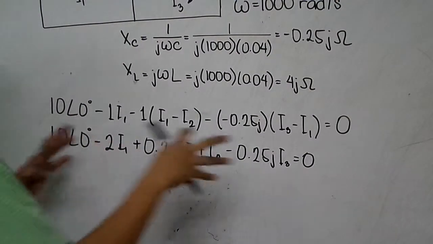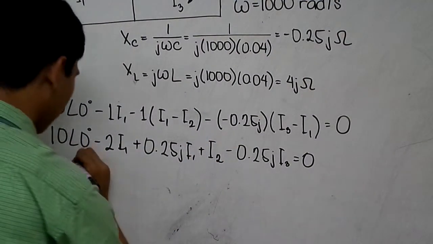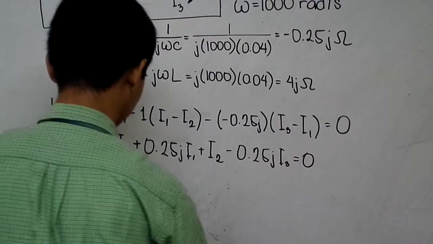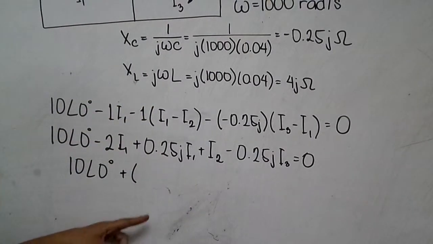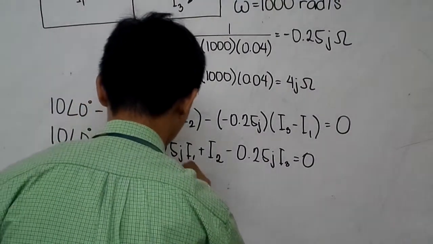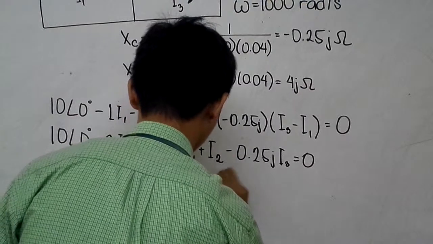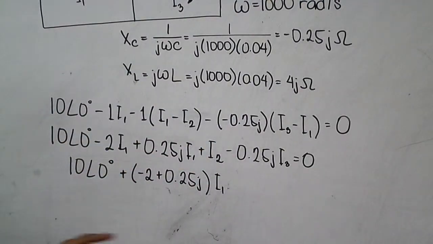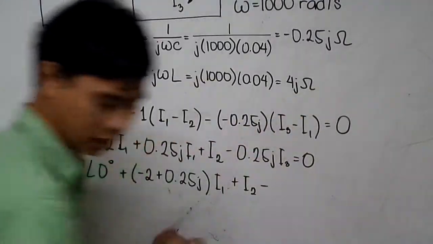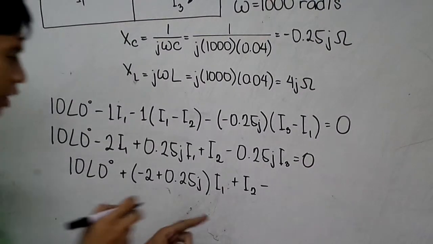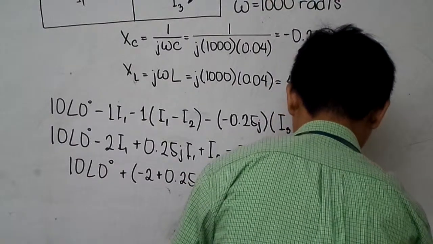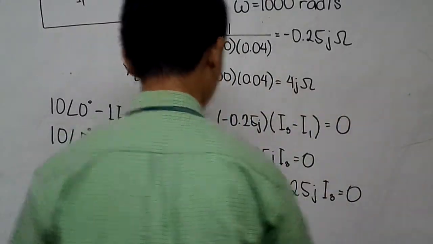Next, combining similar terms, we will have 10 angle 0 degrees plus negative 2 plus 0.25j I1 plus I2 minus 0.25j I3. And this will be our first equation.